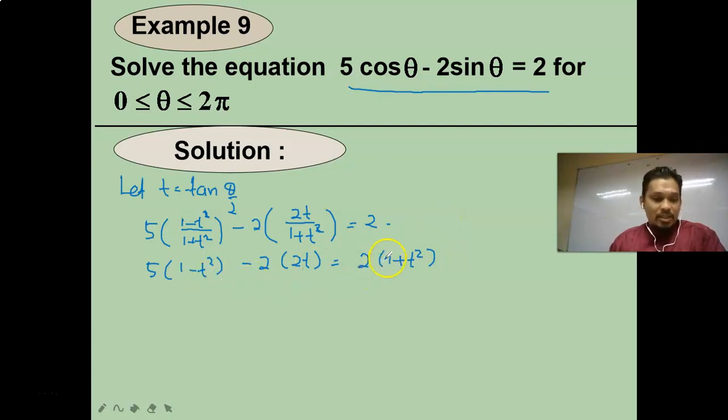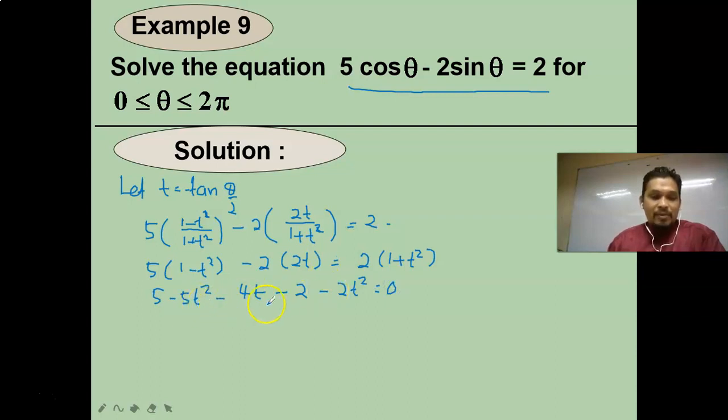So this is what you get here now. Then we expand this: 5 minus 5t squared minus 4t, and then 2 times 1 equals 2, bring it over here becomes negative 2, and 2 times t squared, 2t squared, bring it to the other side becomes negative 2t squared equals 0.